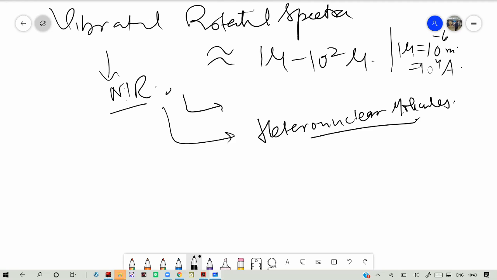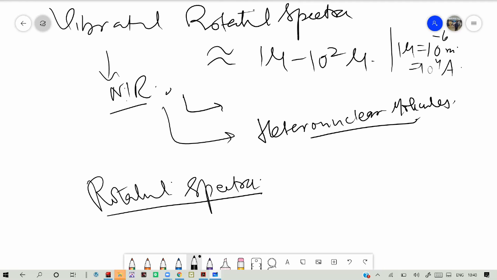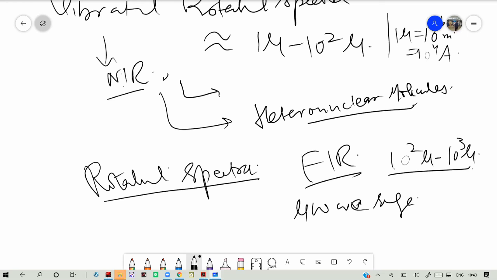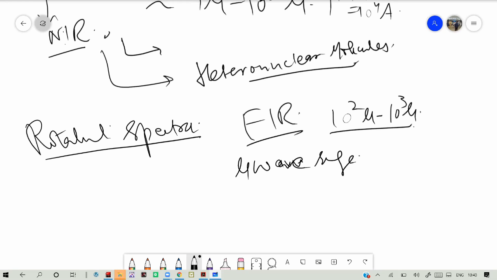And then there is the pure rotational spectra, that means rotational spectra. It goes into the far infrared, 10 to the power 2 micron to 10 to the power 3 micron in this energy range, or in the microwave range, which goes from 10 to the power 3 to 10 to the power 4 micron.